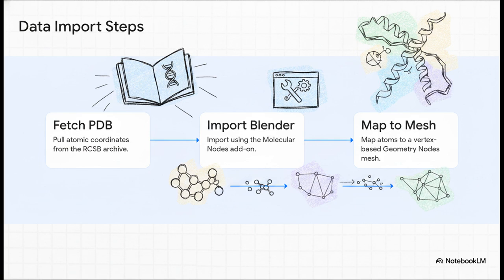So we grab that. Then, using an incredibly powerful tool called the Molecular Nodes add-on in Blender, we import those PDB files directly. This add-on maps the atomic structures to a vertex-based geometry nodes mesh. Basically, it turns cold, hard spreadsheets of data into manipulable 3D geometry right before our eyes.